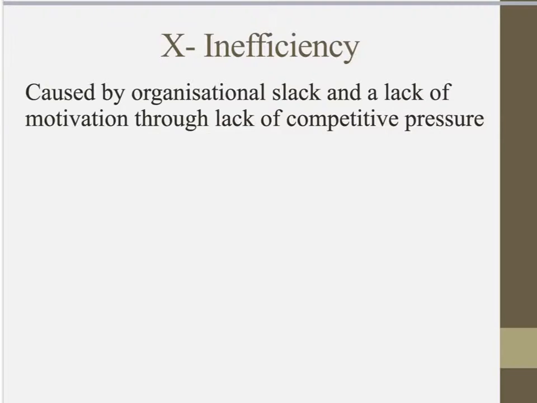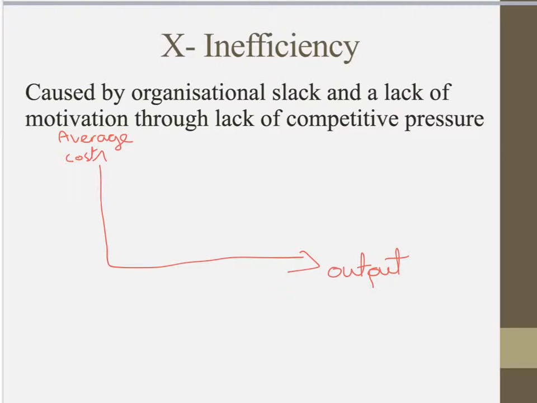Now again, we can demonstrate this in a simple diagram of average cost where we have our output again on our x-axis and then costs, our average cost this time, on our y-axis. And what you can see from our short run average total cost, in an X inefficient market, you'll be above your average cost curve.